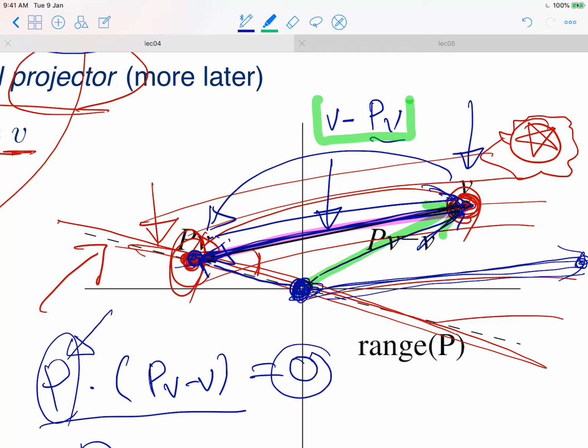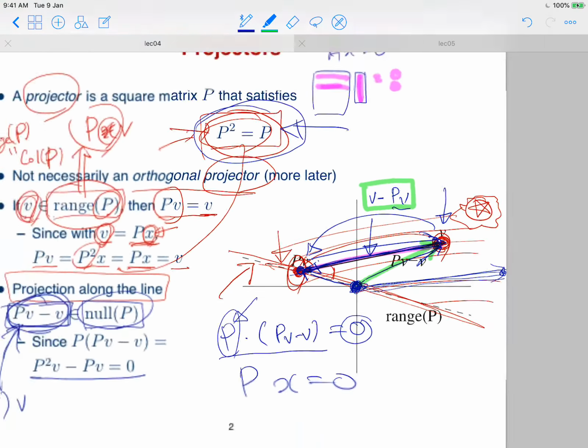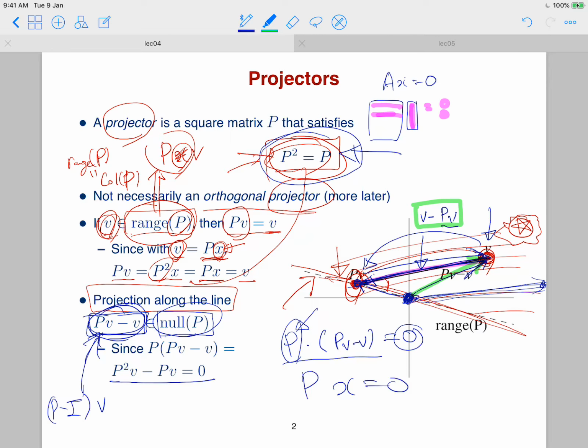That is represented as V minus PV, and this guy always belongs to the null space of P. This is what we proved last time, because if we multiply this remaining component with P, then P squared is equal to P, and thus it makes the resulting vector 0, right?